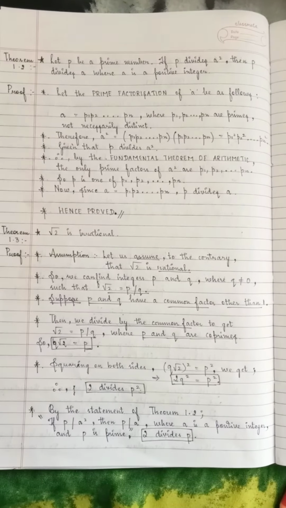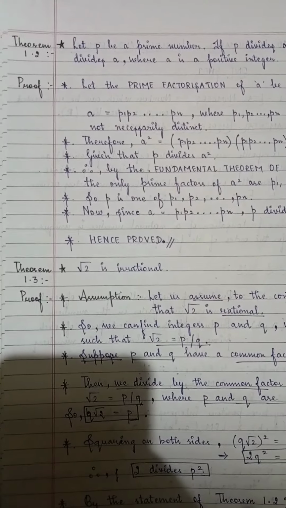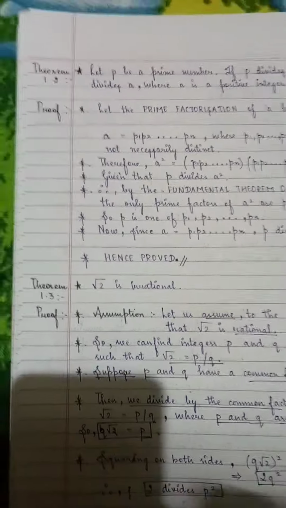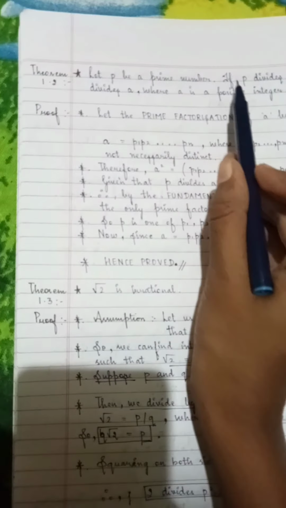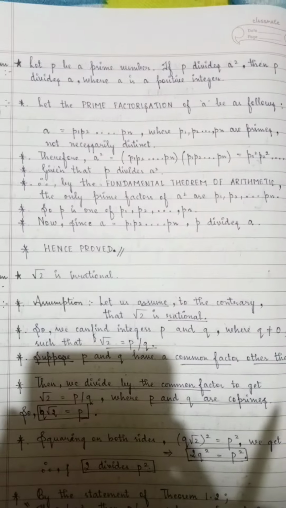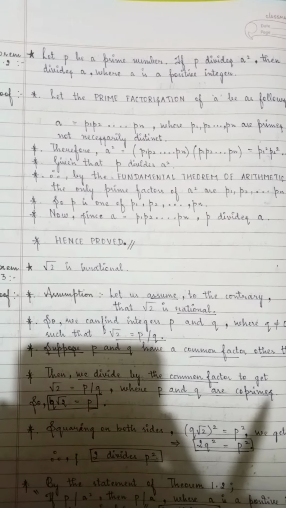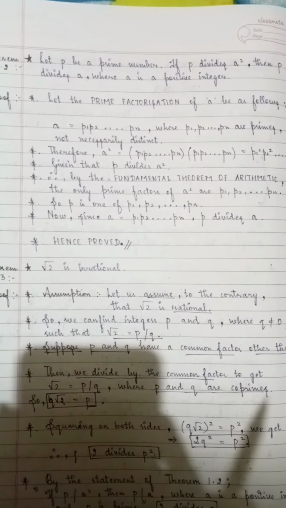Moving on to the next topic. Theorem 1.2: Let P be a prime number. If P divides A square, then P divides A, where A is a positive integer.